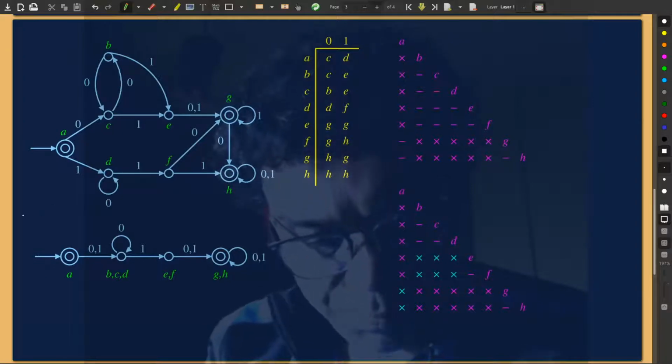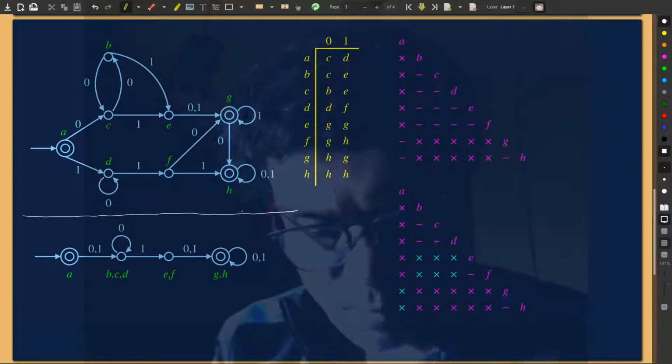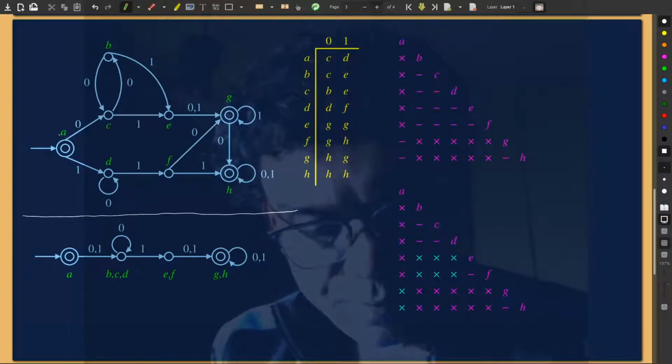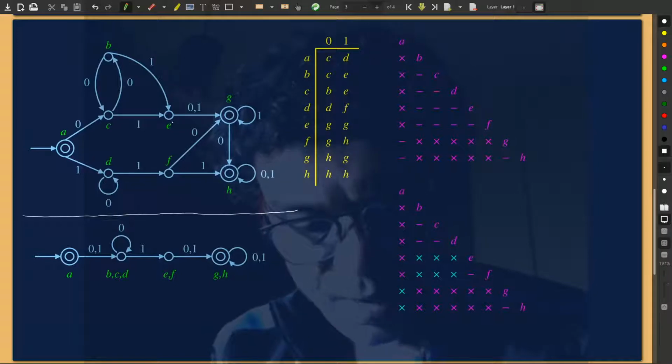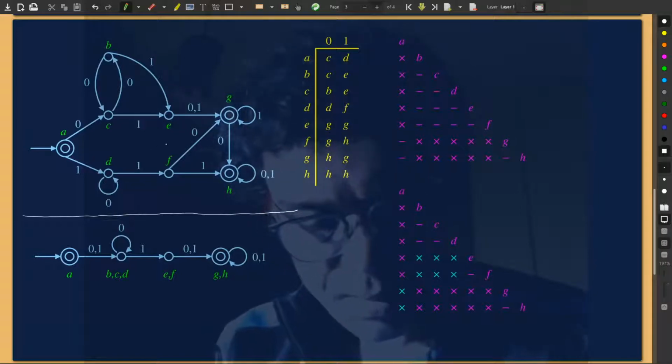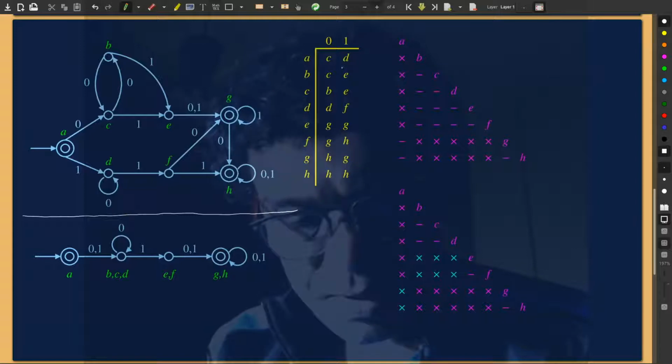I have named the states A, B, C, D, E, F, G, H. This is the transition diagram, and this is the so-called transition table.